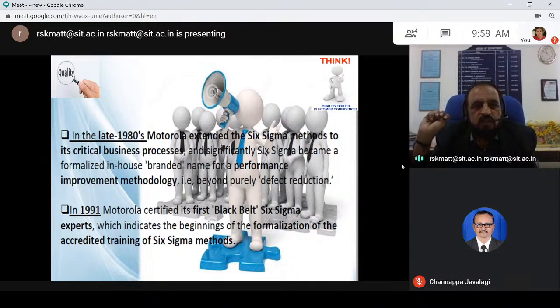And in 1991, Motorola certified its first black belt Six Sigma experts, which indicates the beginning of the formalization of accreditation and training of Six Sigma methods.